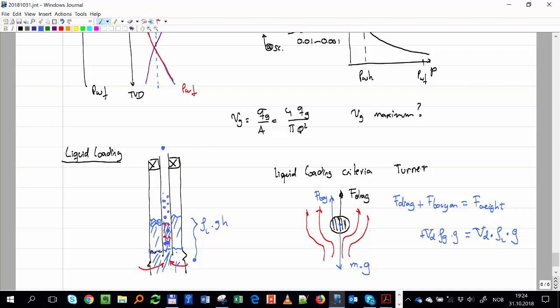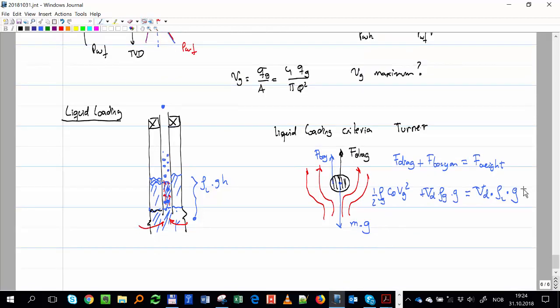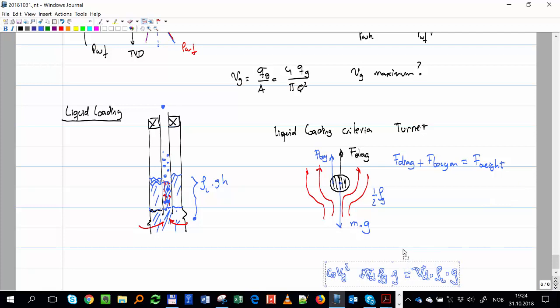And then I have the drag force, which is the density of the gas, CD, velocity of the gas squared, and the area of the droplet, which will be just a circle.